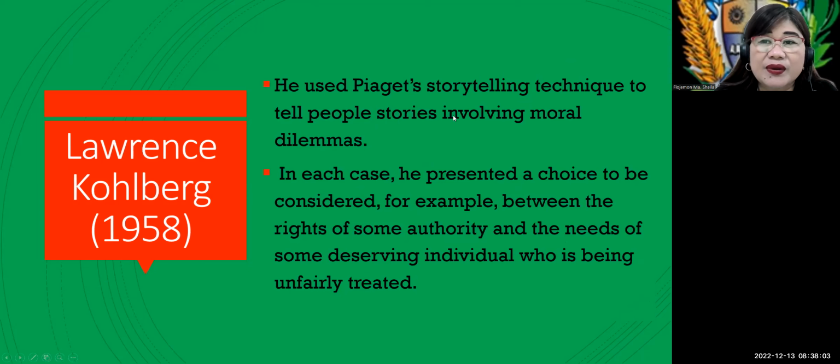Okay. Also, in each case, he presented a choice to be considered, for example, between the rights of some authority and the needs of some deserving individual who is unfairly treated. Okay, that is one example about this theory of Kohlberg in terms of moral dilemma.